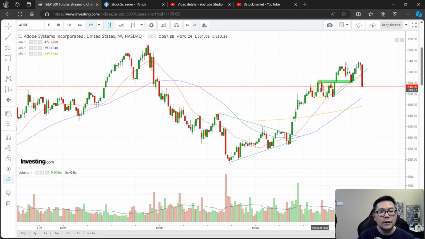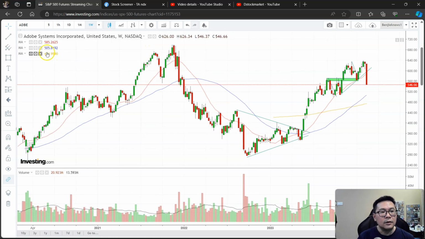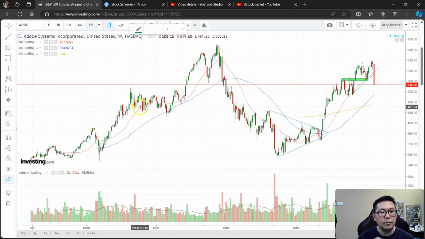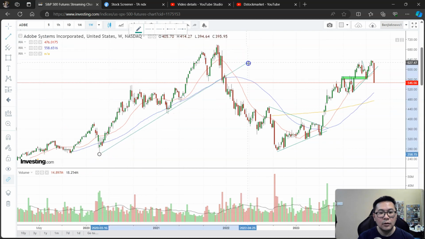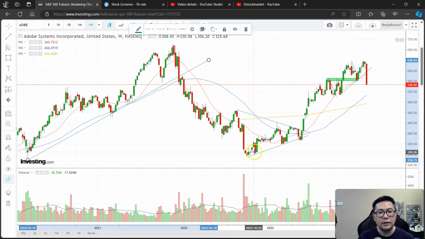Now the reason why I think the stock is unable to move high is because of this area of resistance. Okay, and the stock broke below an uptrend line, and that's why it corrected, and it takes a bit of time for it to absorb the supply here.